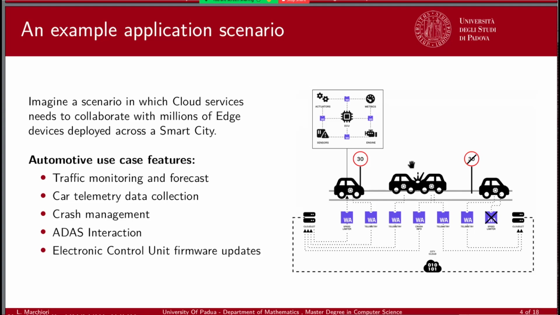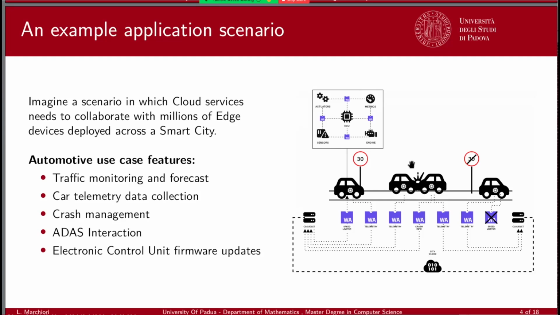They have very constrained power and computation capabilities. They are very different from each other, so it is hard to develop one application and think that it is possible to run it on a very different ECU.